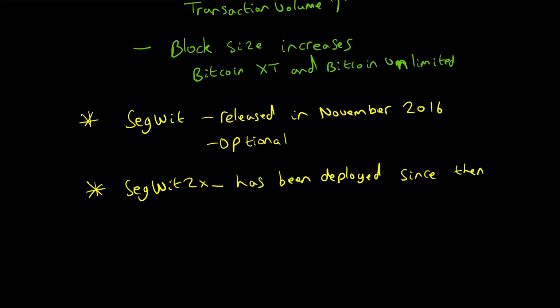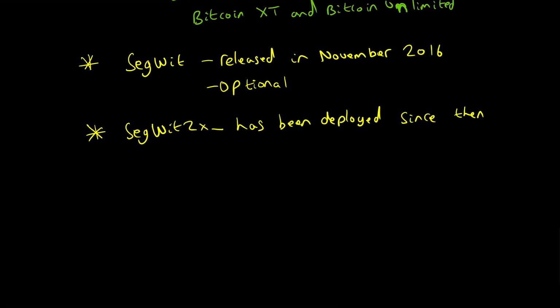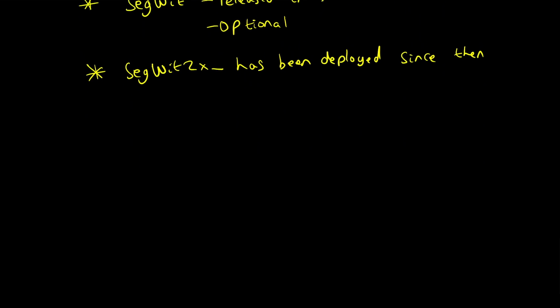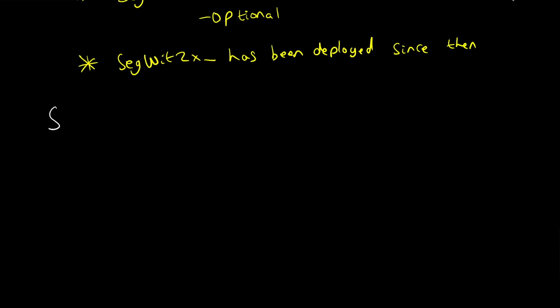So, is everyone in support of this? Well, no, not everyone is in support of SegWit2x. So let's discuss some of the advocates and some of the people opposed to it. The supporters are as follows.